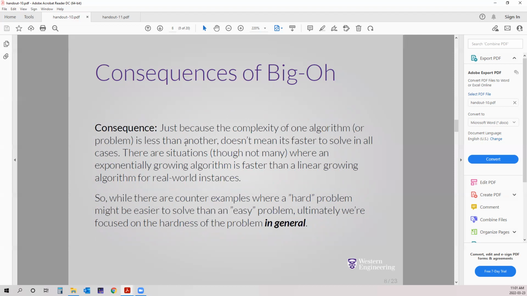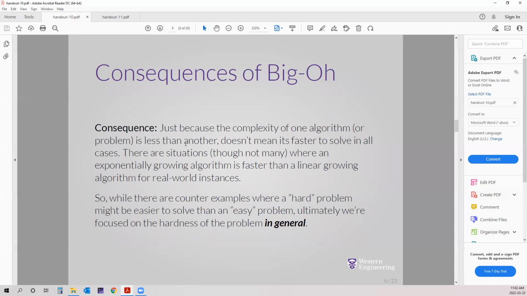Just because the complexity of one algorithm or problem is less than another doesn't mean it's faster to solve in all cases. There are situations, though not many, where an exponentially growing algorithm is faster than a linearly growing algorithm for real-world instances. So, while there are counterexamples where a hard problem might be easier to solve than an easy problem, ultimately we are focused on the hardness of the problem in general.